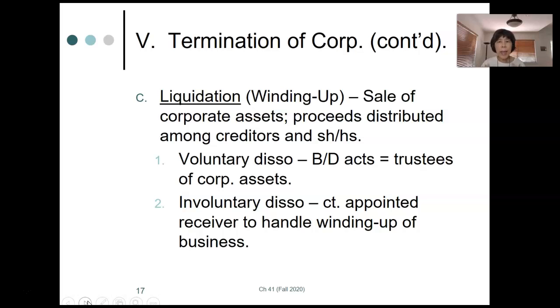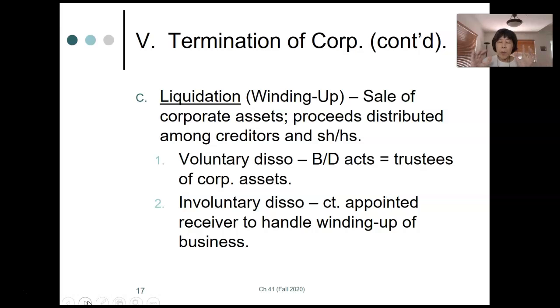The proceeds will be collected. Of course, there has to be an accounting done and the like, and then the proceeds will be used to pay off any creditors, and also if there's money left, to pay the shareholders, to return the investment to the shareholders, and if there's any profit, to split that among the shareholders, all right.